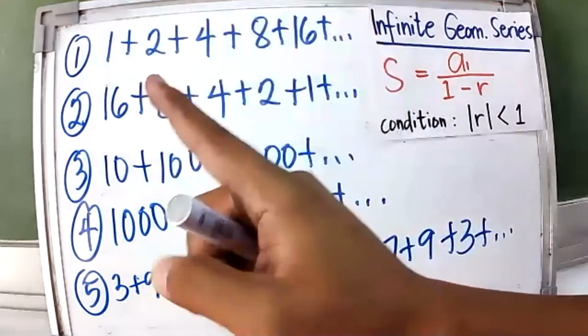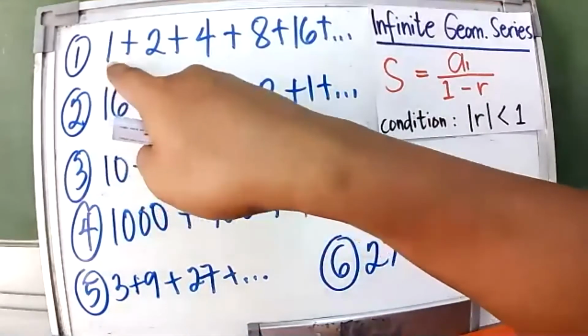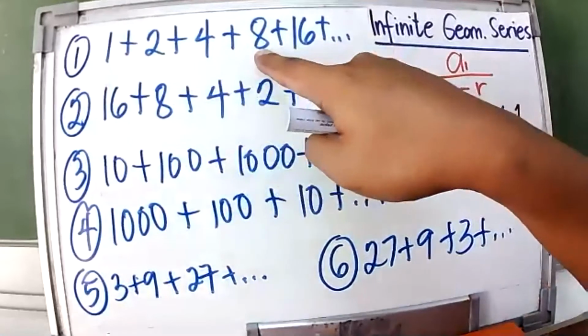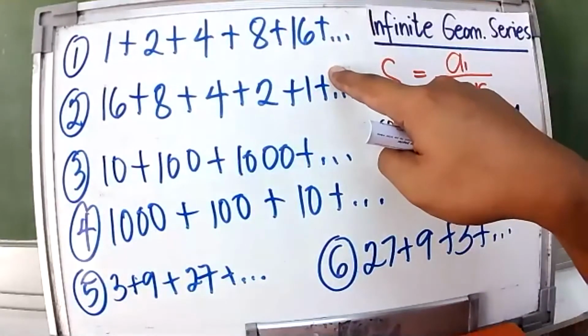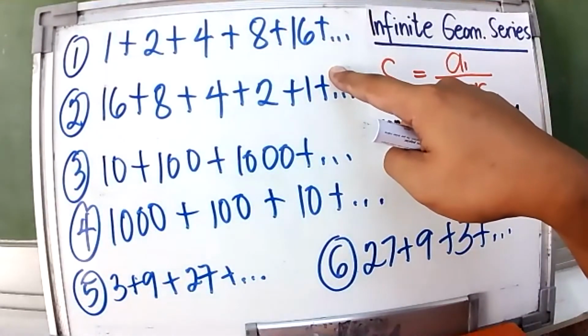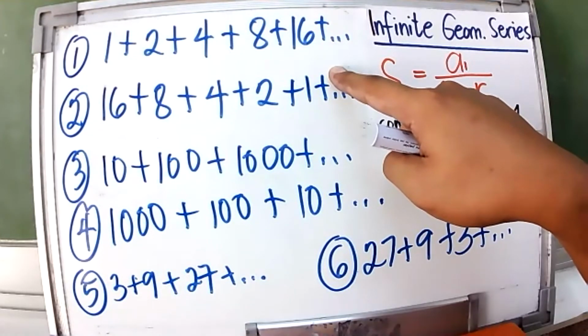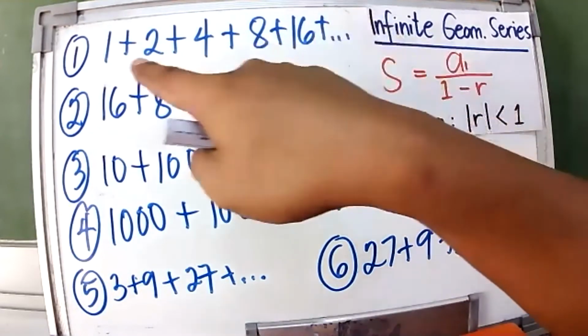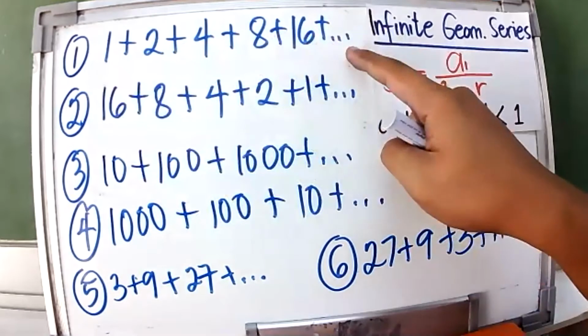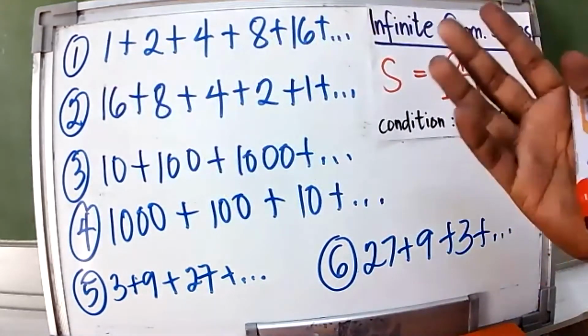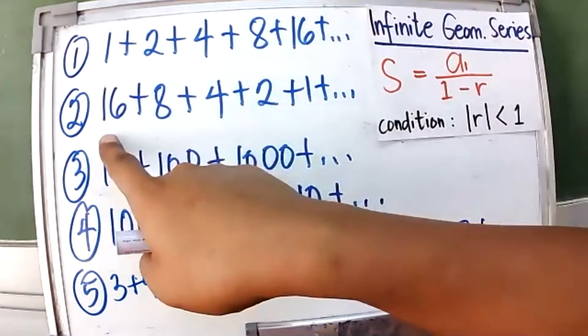Do you think if this is the flow of our geometric series, will you end up with a sum if the numbers do not end? Do you think you'll finish adding if the numbers never end? Of course not.